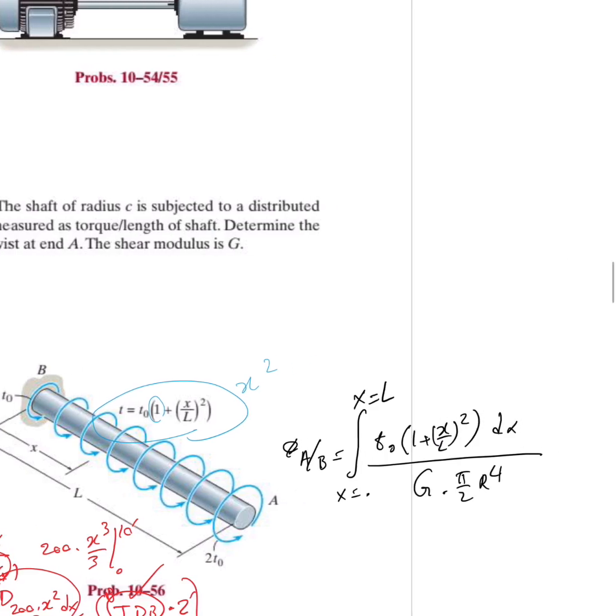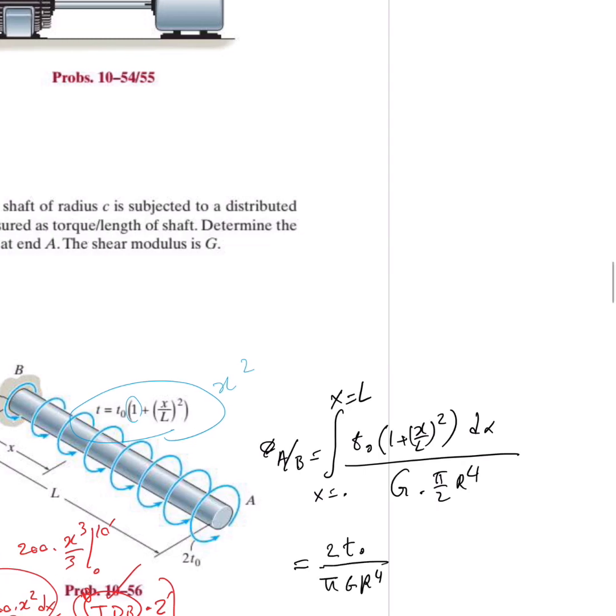Then you can take this out, T0 over 2 pi G r to the fourth power, and this integral 0 to L of (1 plus x over L) squared dx.